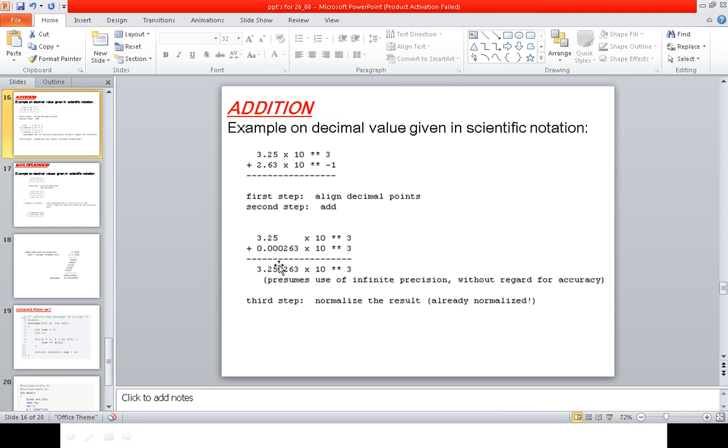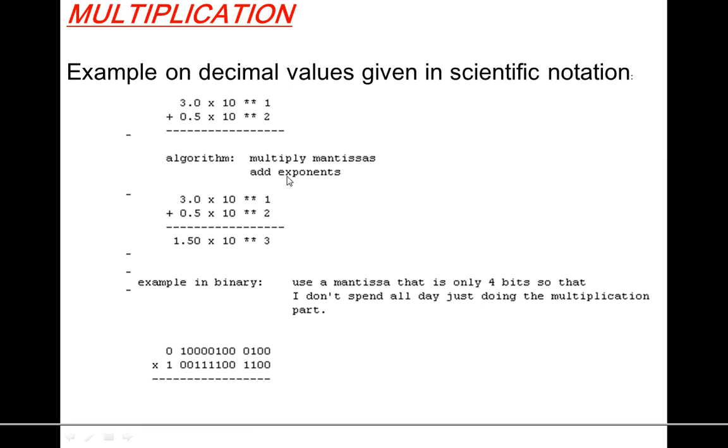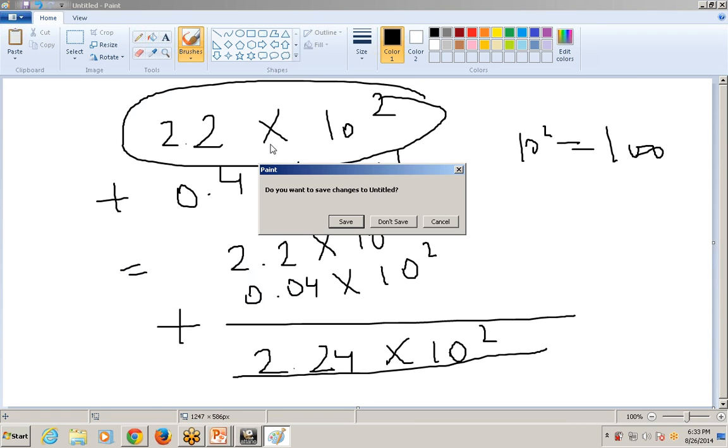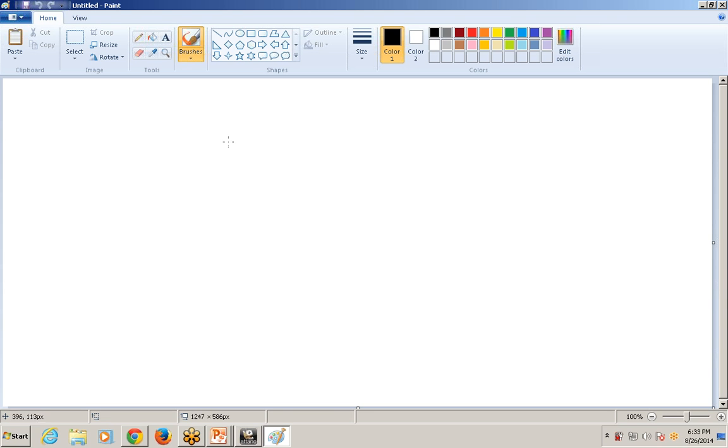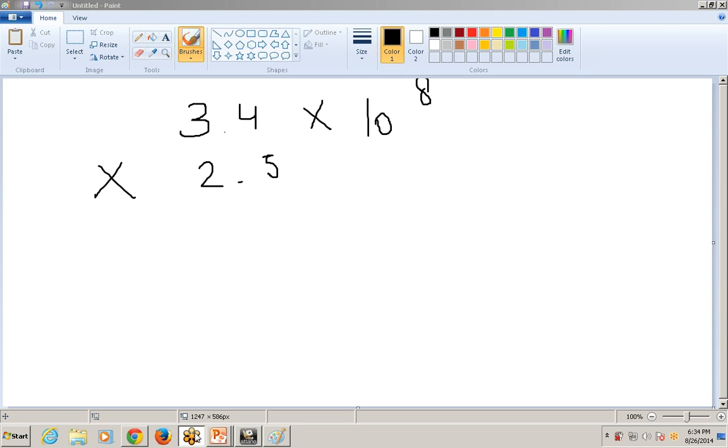Now let's take another example. Suppose I have to multiply these numbers: 3.4 times 10 power 8 and 2.5 times 10 power 1.